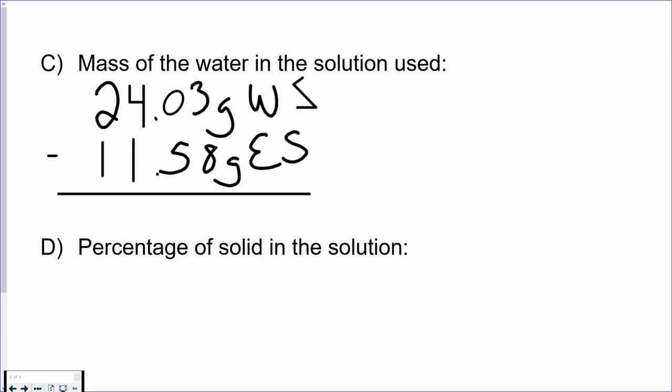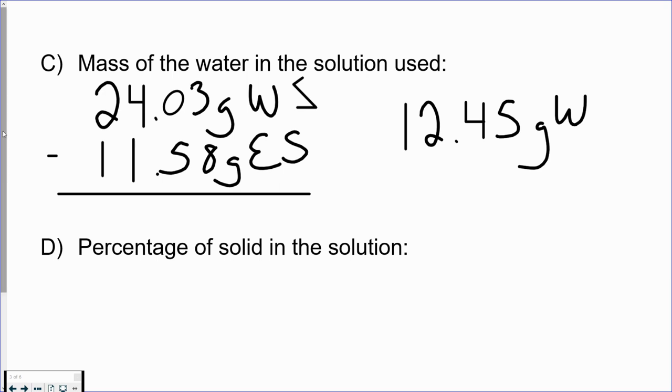The difference between the water solution and the salt that's left over after the water evaporates is the water. So you plug that into your calculator, and you're going to get a nice answer of 12.45 grams. Don't forget to have that unit of grams, and we're going to put the label or identifier of W for water.